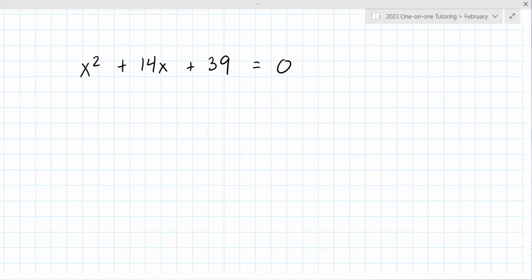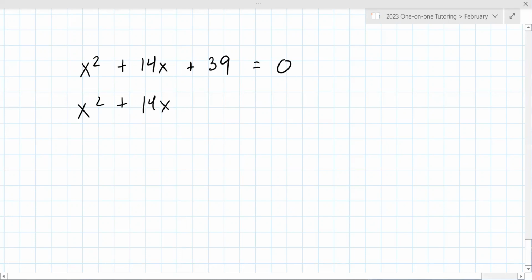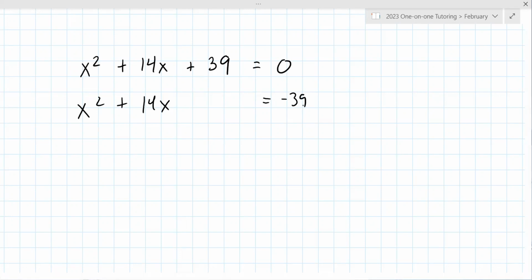So first subtract 39 from each side. You do x squared plus 14x, blank, equals -39, blank. And then you do half of 14, right?